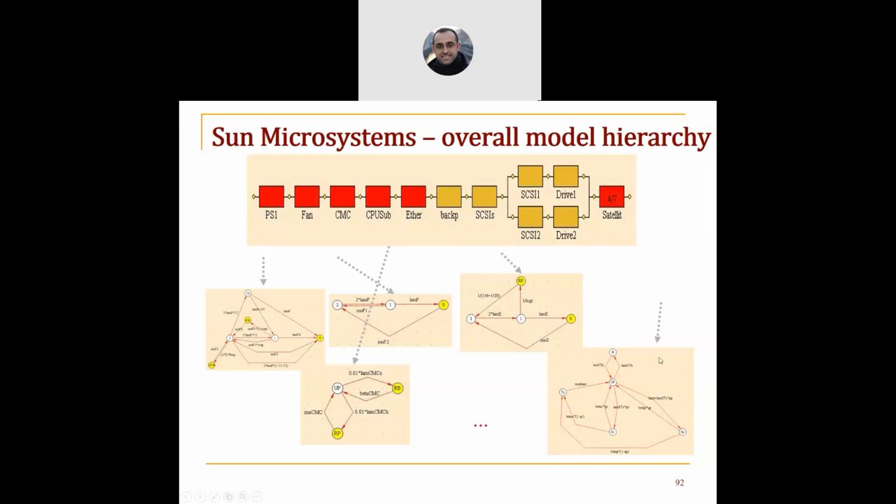I sat down with the engineers, repeatedly asking questions, and I come up with the models and then they are accepted by them. Notice that there are many different submodels and they are collected together into a top level model.